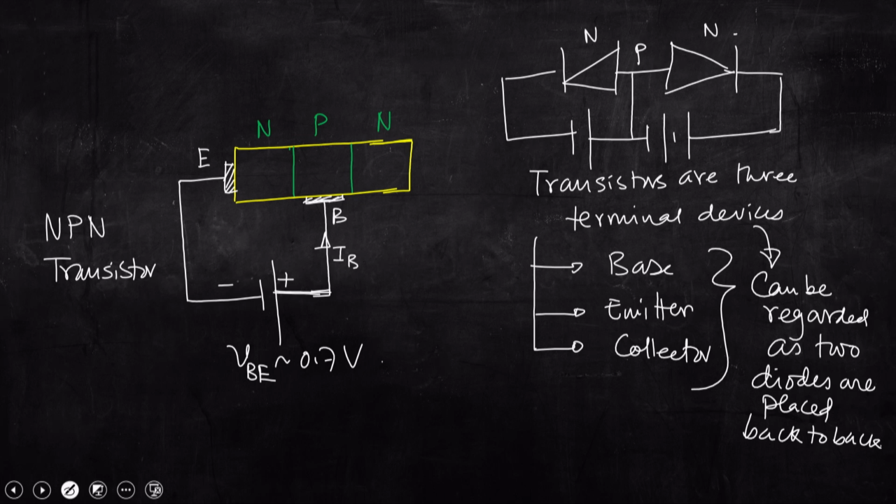So, 0.7 volt is needed to break the barrier, to open the gap. So, as I said, a barrier will develop when equilibrium condition is reached, and to break that barrier we need 0.7 volt, then only a small current IB will flow from base to emitter, right. So, that is base current IB. So, this IB is the base current.